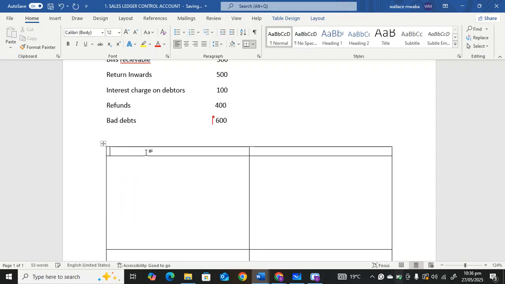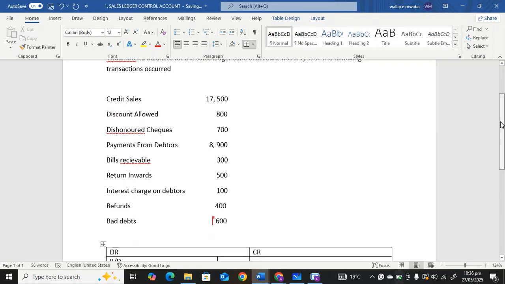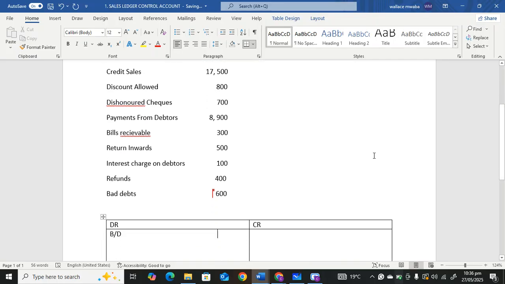Here we have the debit side, DR. Here we have the credit side. Okay, so we say balance brought down. We're going to put this amount here, 1,975.